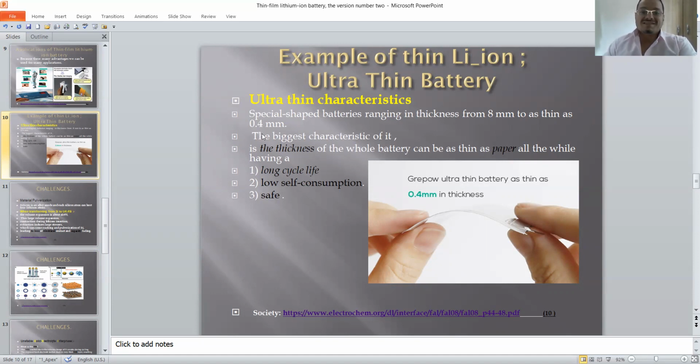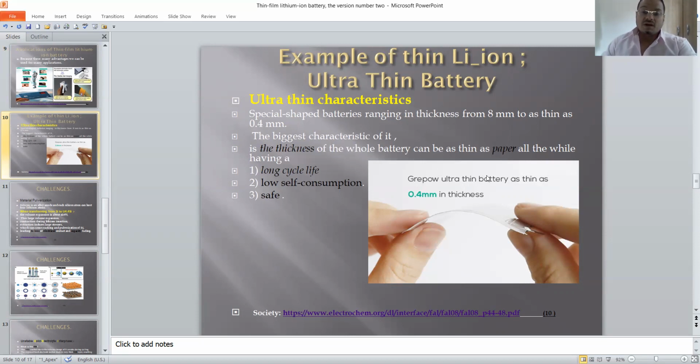That means less than 1 millimeter. The biggest characteristic here is that the thickness of the battery can be as thin as paper. And this picture is great because it illustrates this feature very well, like paper, without anything else.